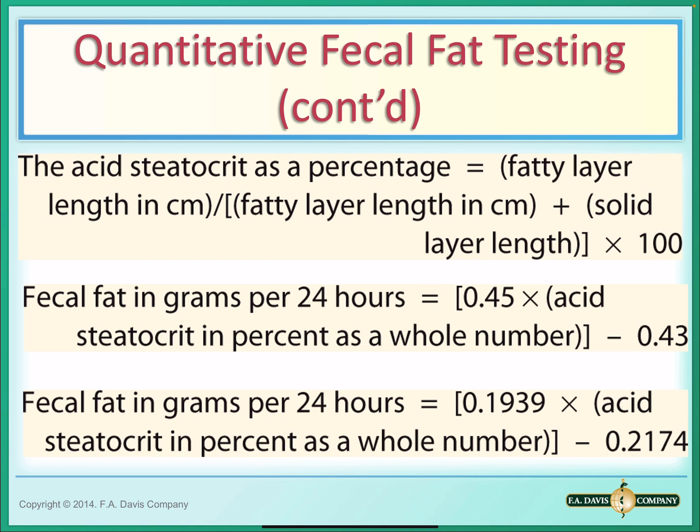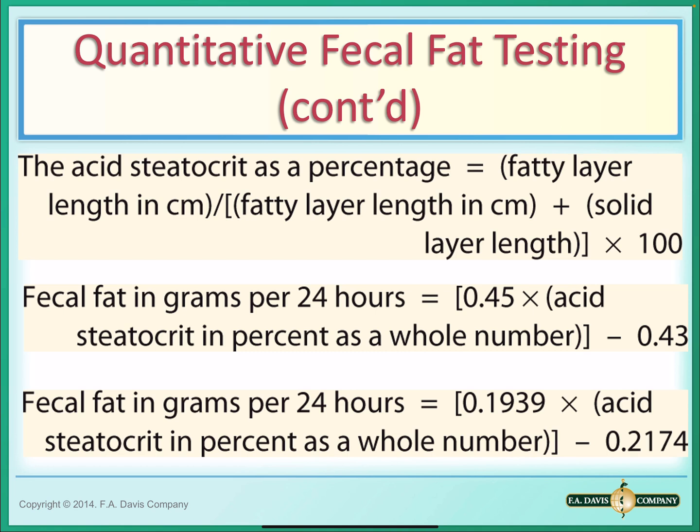The fecal fat for children up to the age of 15 can be calculated as follows: 0.1939 times the acid steatocrit in percent as a whole number, minus 0.2174. The acid steatocrit is typically higher in infants and lowers with age.